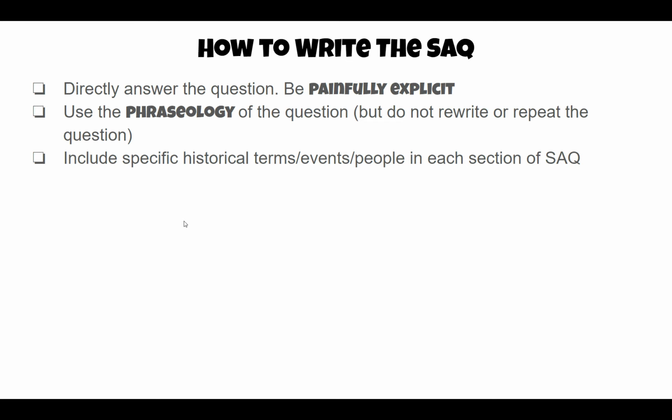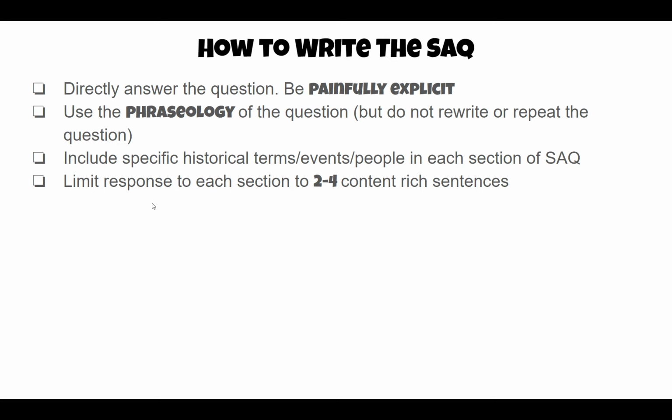This is why the student virtual notebook that you do for our course, for the unit and time period, becomes important. It's to familiarize yourself with the different terms and events that happen within each unit. You want to limit your response to about 2 to 4 content-rich sentences.